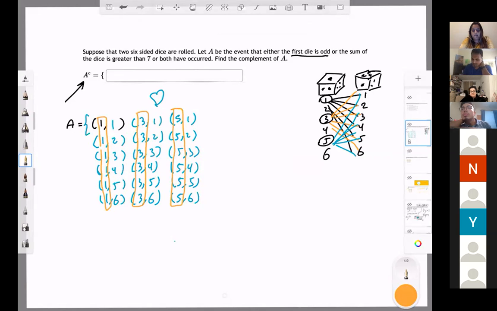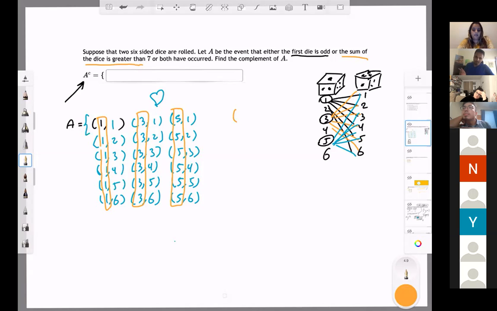So now the next one: the sum of the dice is greater than 7. When you throw them, greater than 7, not equal to 7, give me one pair that you add and it's more than 7. 4 and 4, very good.